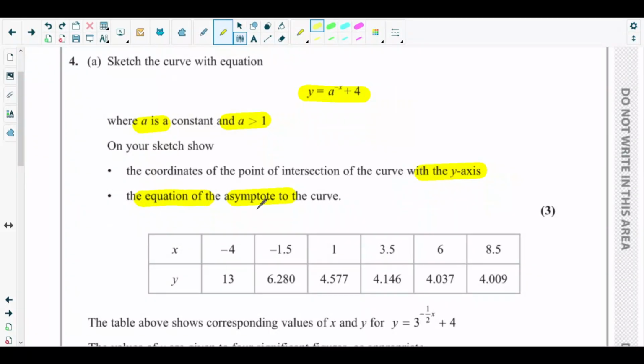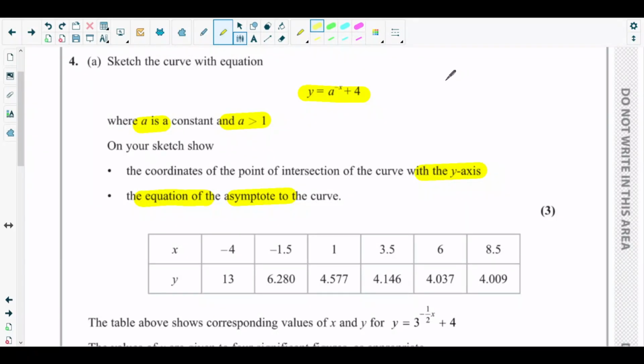So we need to sketch an exponential curve. All exponential curves have asymptotes. What asymptote? Horizontal asymptote, right?